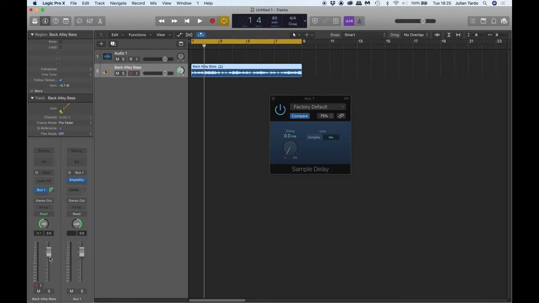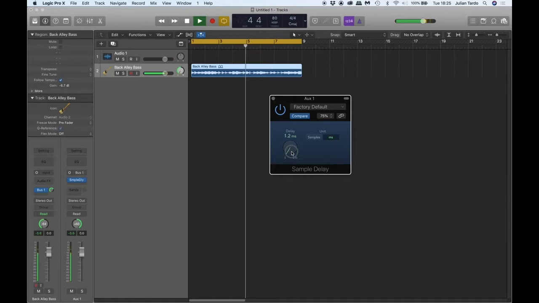If I was to alt-click on both of these just to make sure that they're all at 0, and I play this back now, when I introduce the delay, it immediately sounds like it's over on the left hand side.